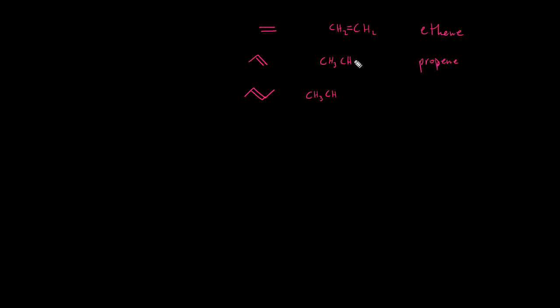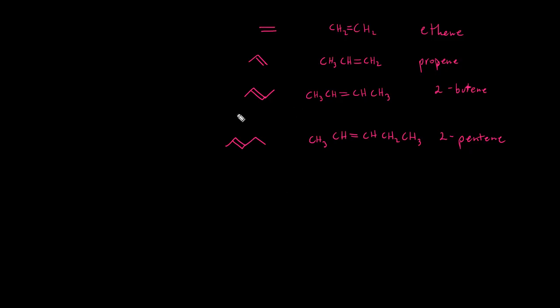So it has CH3, double bond, CH2, CH3, CH, double bond, CH, CH3, and this will be 2-butene, and you'll learn why 2 later when we do the section on nomenclature. 1, 2, 3, 4, 5, and then double bond, so this will be CH3, CH, double bond, CH, CH2, CH3. This will be 2-pentene, so on and so forth.